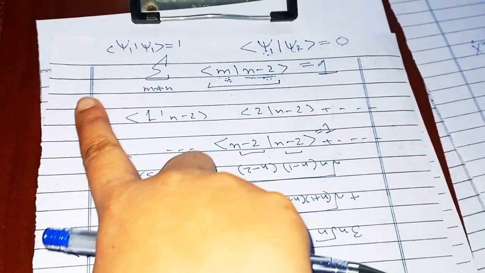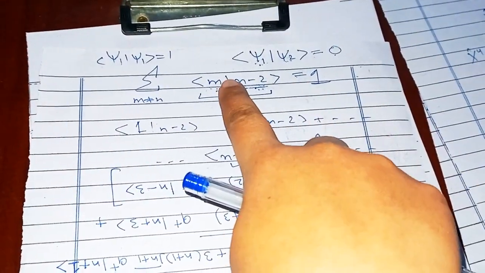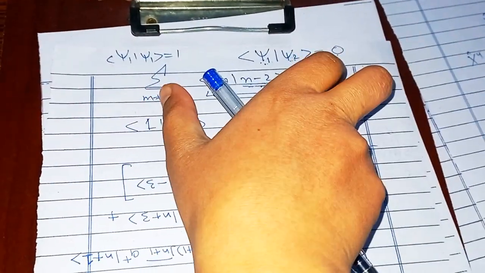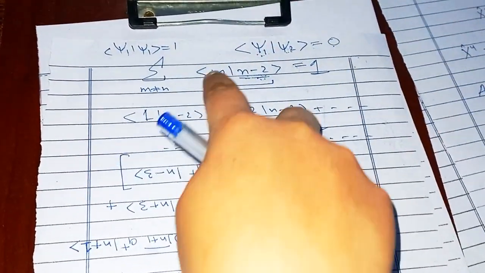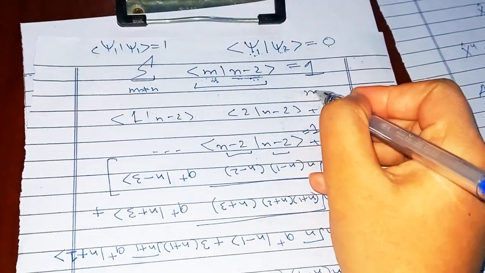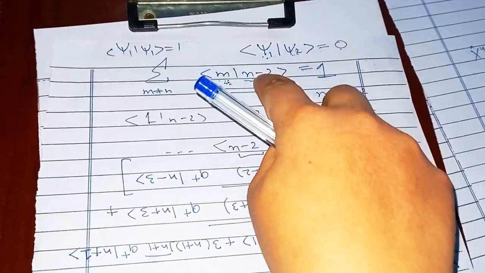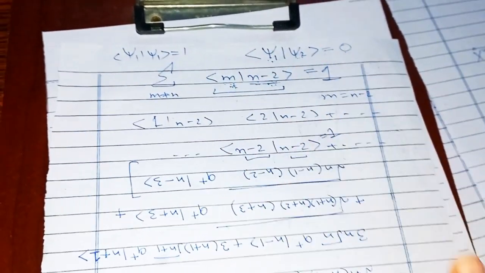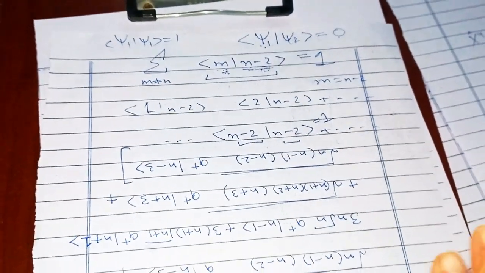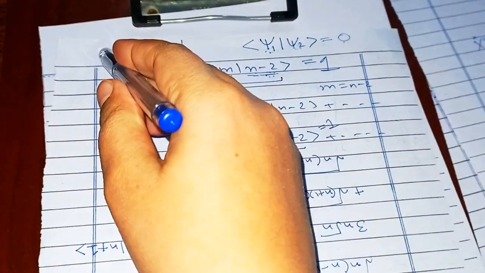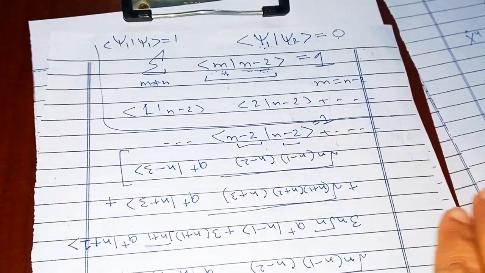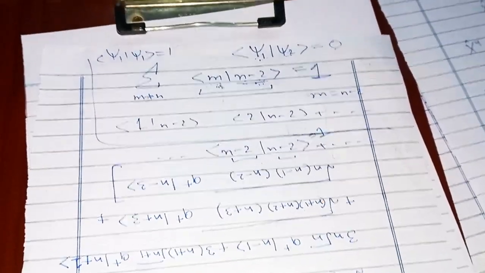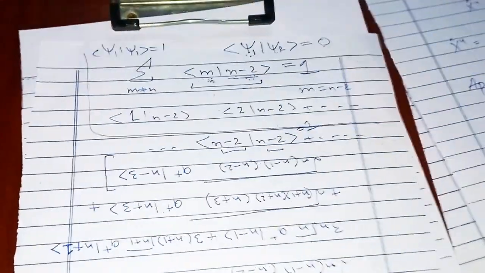So the summation is 0 for every value of m but n minus 2. Hence this summation is only non-zero for m equal to n minus 2. So whatever the ket is, you will put m equal to that ket, and that is it for the summation. All other values become 0. So that is how you are going to decide what it is equal to.